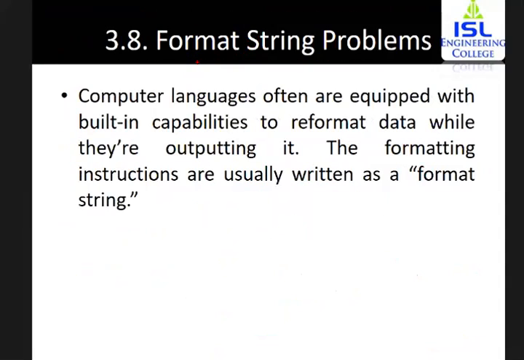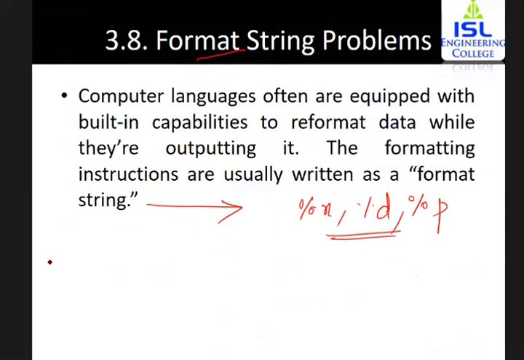The next is format string problems. What are format strings? Format strings are the embedded characters like %x, %d, %p. These are all called your format strings. Within this, a computer language is equipped with built-in capabilities to reformat data. That is %c also, which is used for characters.